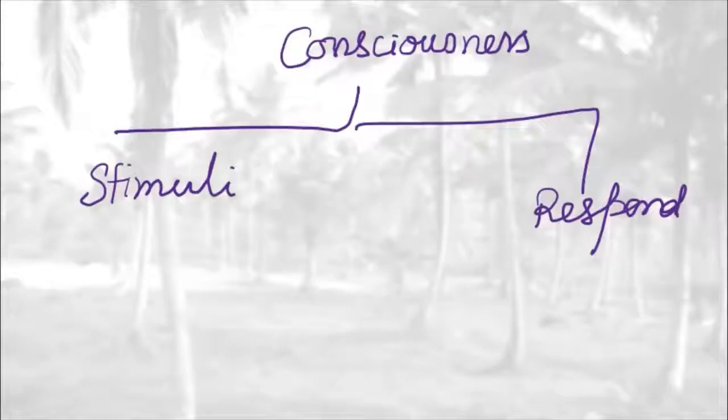Now we are moving on to consciousness. There are two factors involved in consciousness. Number one, stimuli and response. Stimuli means any change or awareness about the surroundings. If you react according to that change or awareness of the surroundings, that is called a response.